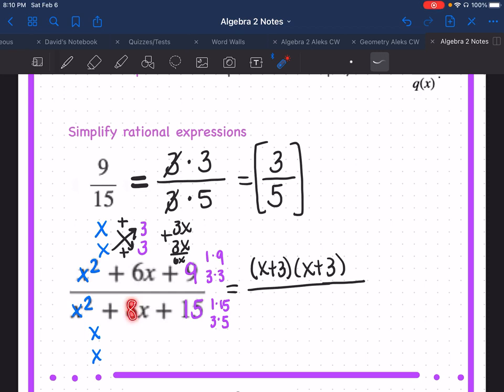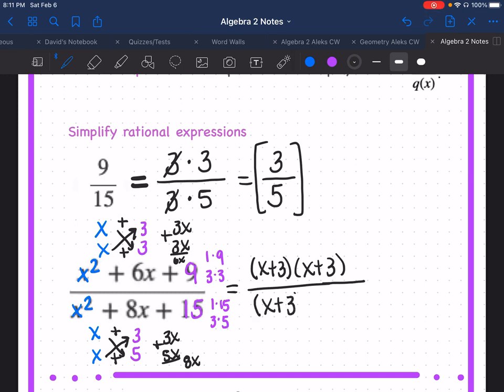So 3 plus 5 is 8, so I'm going to go ahead and use 3 times 5 for 15. I'm going to crisscross multiply 3x, crisscross multiply 5x. I add these together and I can easily see that I get my b term of 8x. Because everything is positive, once again, I have my x plus 3 and I have my x plus 5 in the denominator.